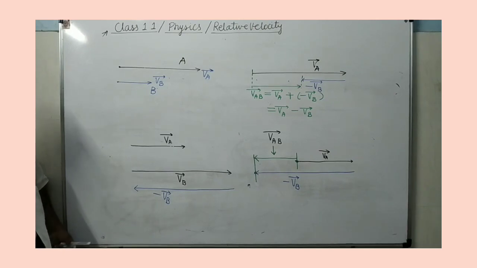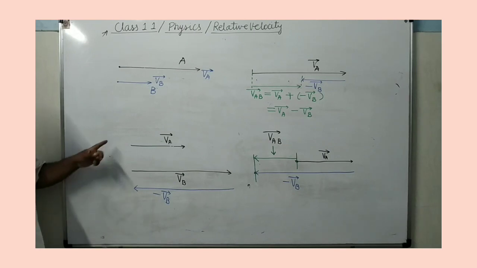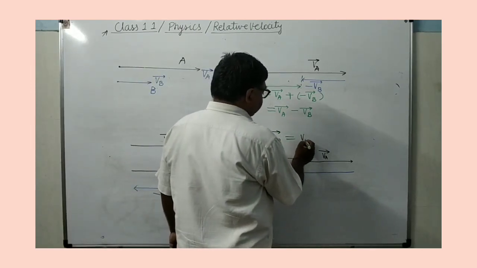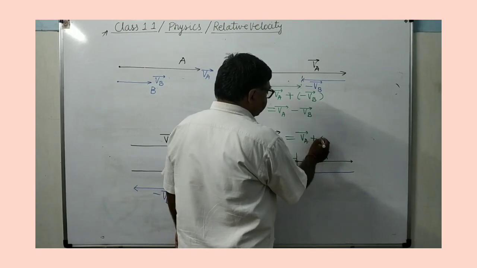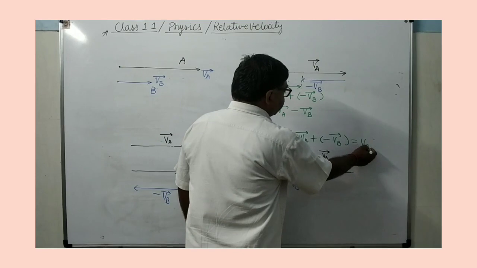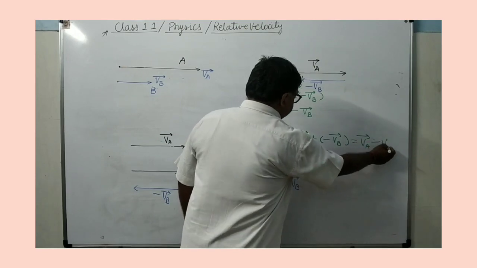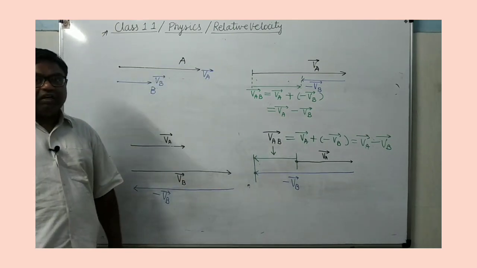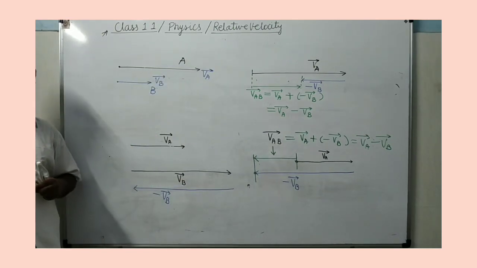What is its direction? Opposite to A. Its direction will be opposite to A. So here it will be equal to this. You have written here vector VA plus negative vector VB, which is simply vector VA minus vector VB. So remember this thing, whatever be their direction of motion.